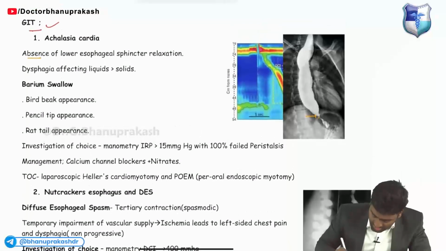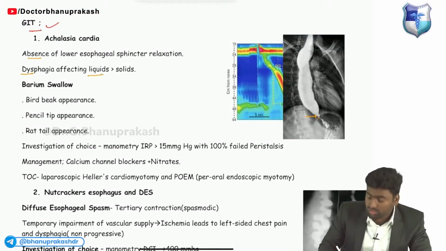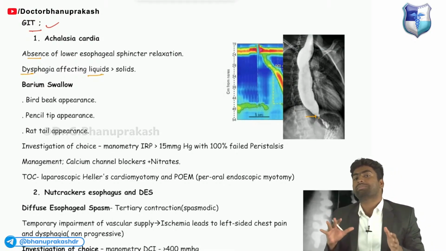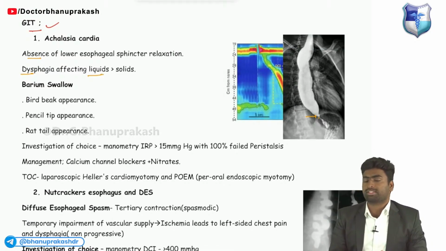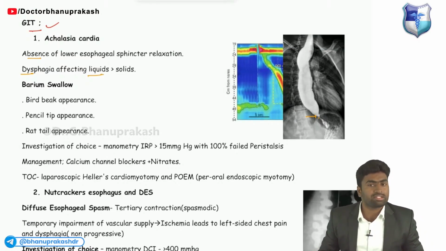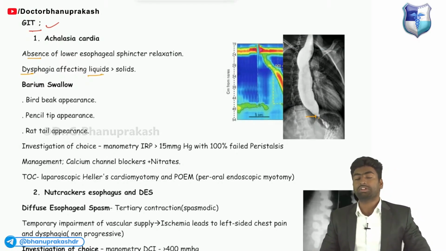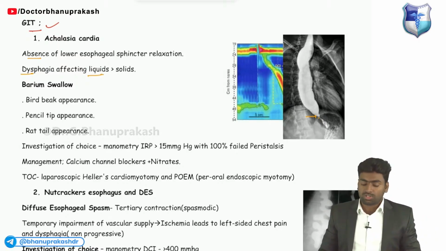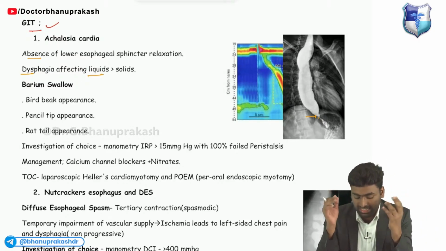This dysphagia is most commonly for liquids rather than solids, because if a solid bolus goes down, it will stimulate and irritate the nearby nerve plexus and cause opening of the lower esophageal sphincter. Whereas liquid, however much you fill, won't create the pressure to reach the threshold level, so the LES won't open.